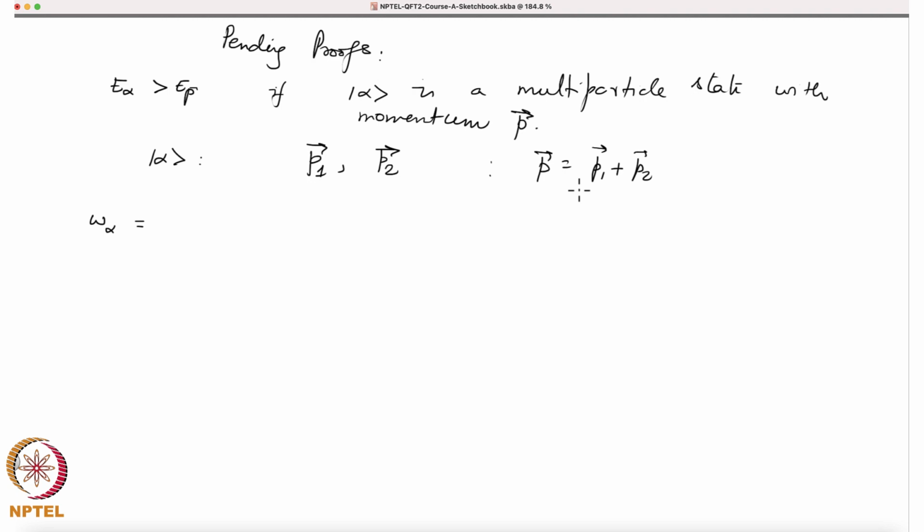So there is no interaction energy and only kinetic energy associated with their momenta. For the particle carrying momentum p1 it will be this, and for the particle carrying momentum p2 it will be the square root of p2 squared plus m_p squared, and I add them to get the total energy.